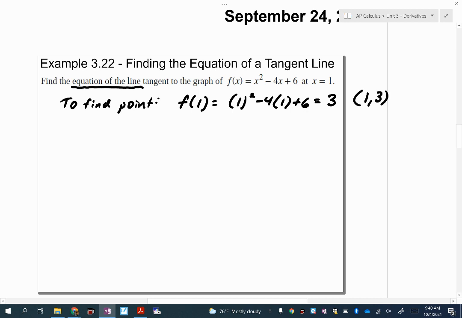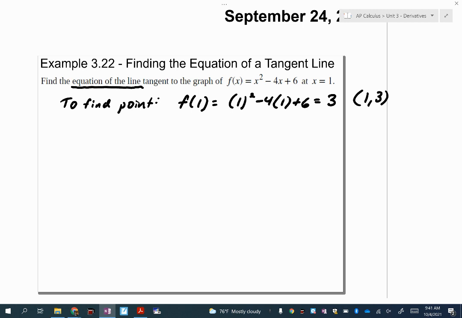Now, to find the slope of this curve, right, it's a parabola. To find the slope of this tangent line that's hitting this curve at x equals 1, I need to find the slope of that line at x equals 1.